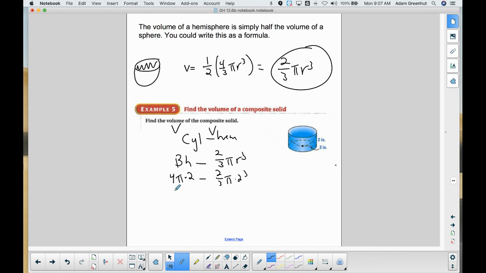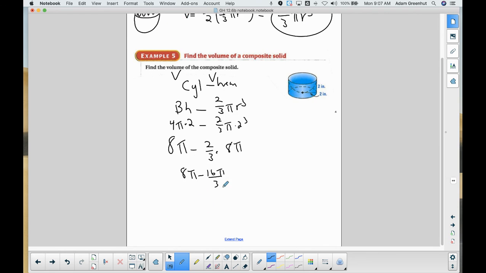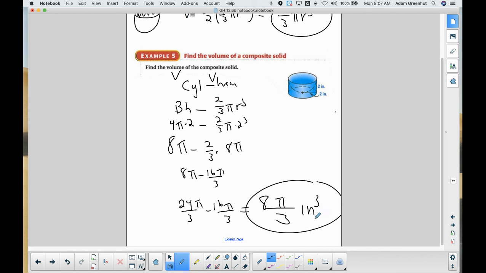And then that's 8 pi minus 2/3 of 8 pi. And 2/3 of 8 is 16/3. So I'm doing 8 pi minus 16 pi over 3. And then I can make this into 24 pi over 3 minus 16 pi over 3, which is 8 pi over 3 cubic inches. And that's really it.